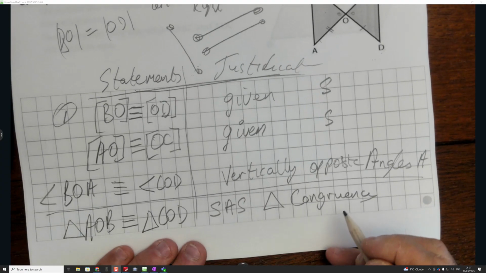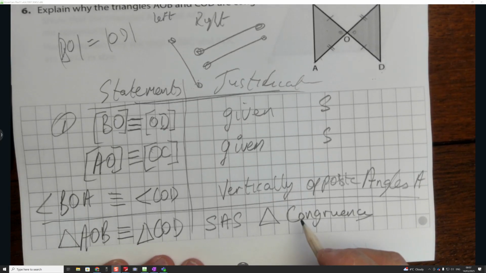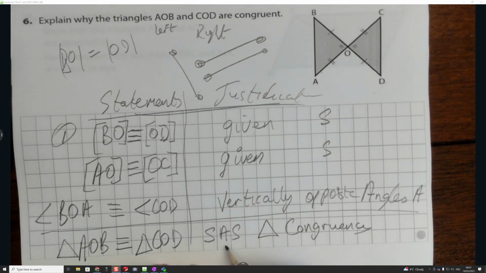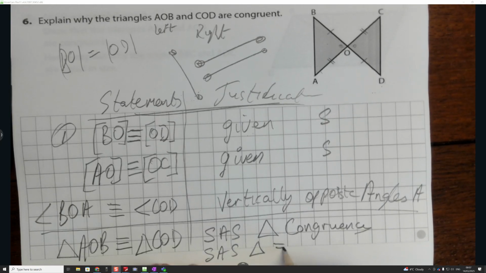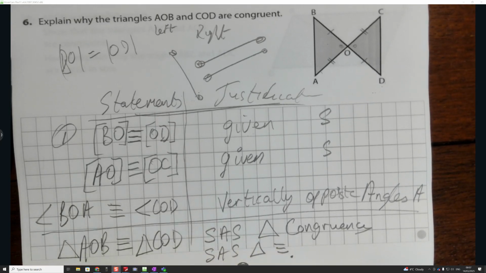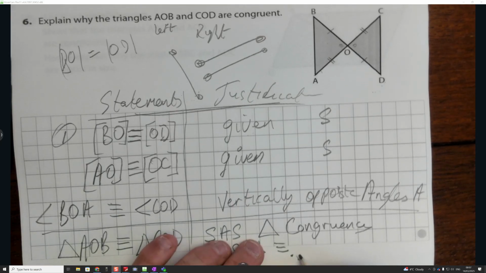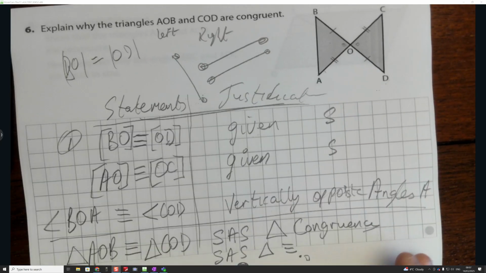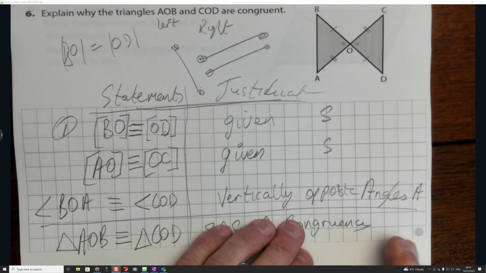If you wanted to be really cheeky or get it done really quickly, you could have said side angle side triangle congruency. Okay, and a little box to say you're finished, you've done your proof, and on to the next one.